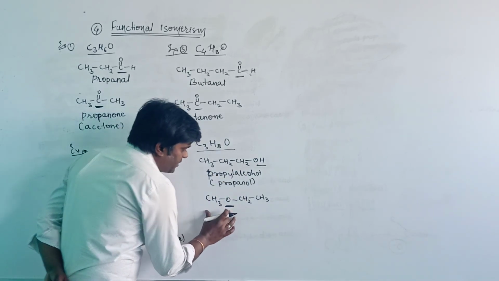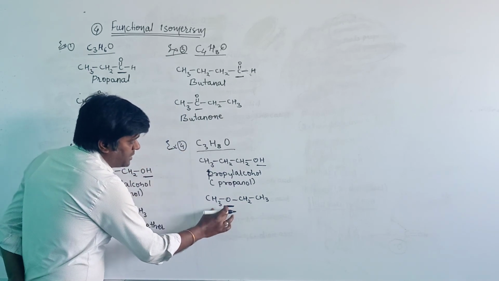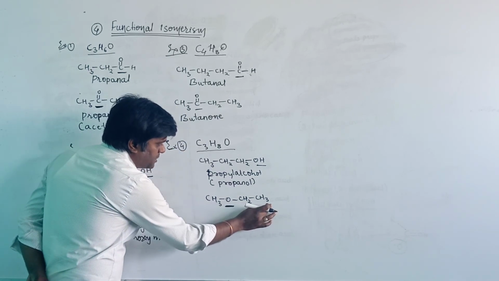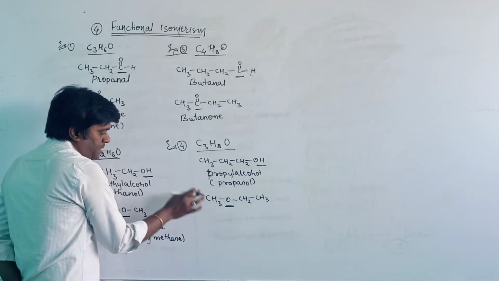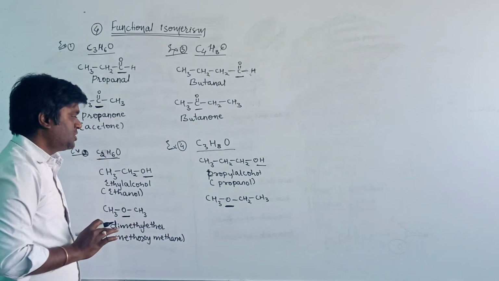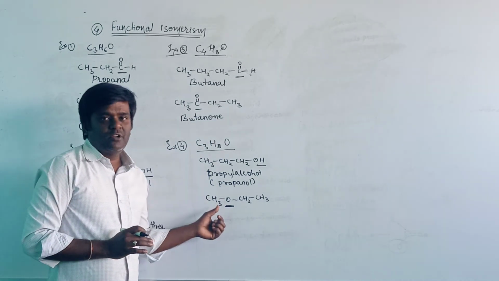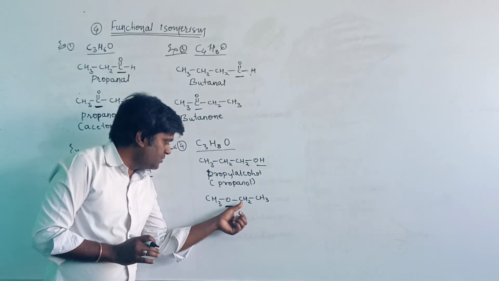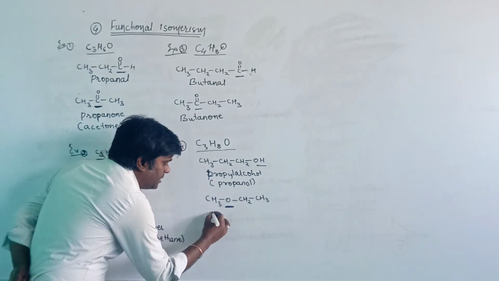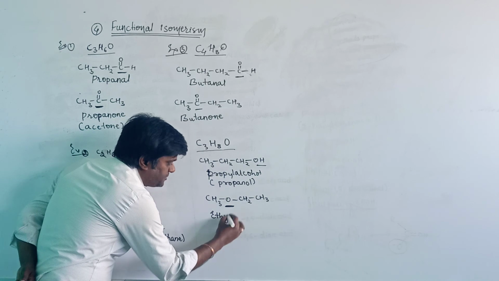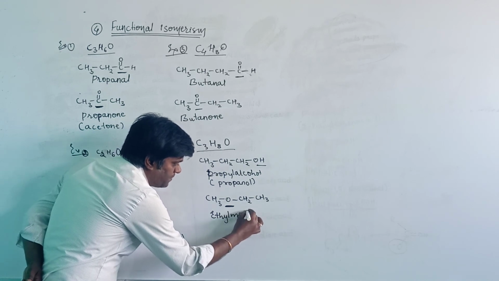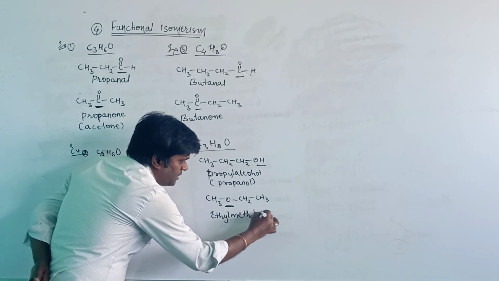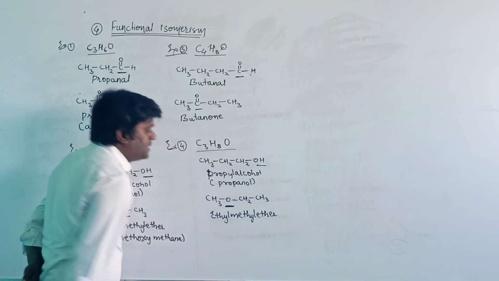Here, one side an ethyl group is present and another side a methyl group is present. In such a condition, alphabetical order will be followed. Therefore, first we will write ethyl and then methyl: ethyl methyl ether. It is generally known as ethyl methyl ether.